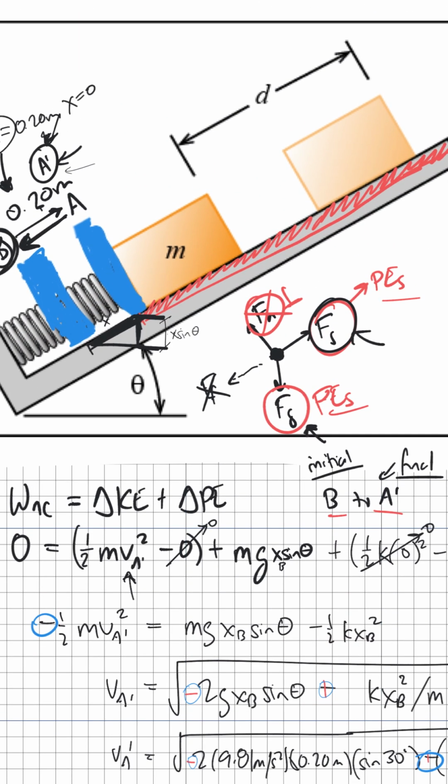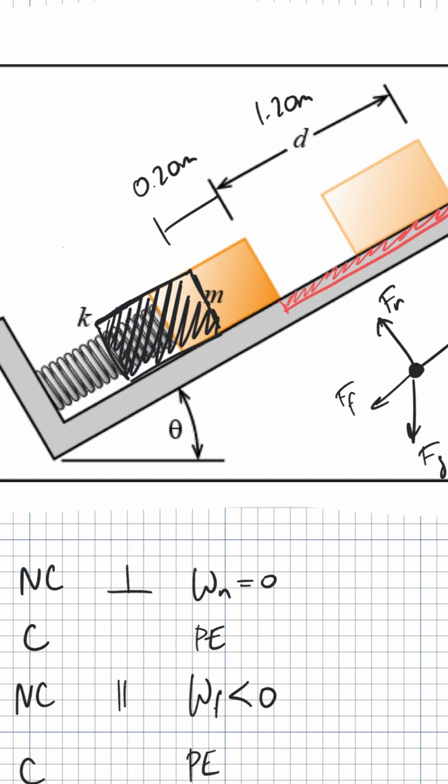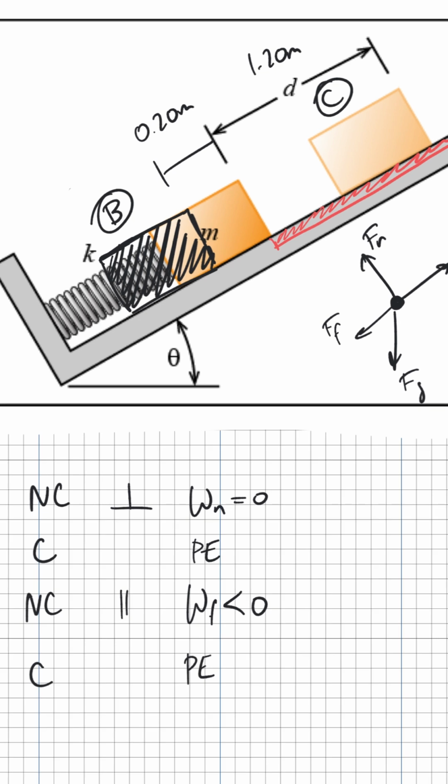Yes, B. So we'll say at B, where it's all the way squeezed, and then at C, when it is 1.2 meters up the slope. Okay, and I think the potential energy due to the spring at B is real, it exists, whereas potential energy due to the spring at C is 0.